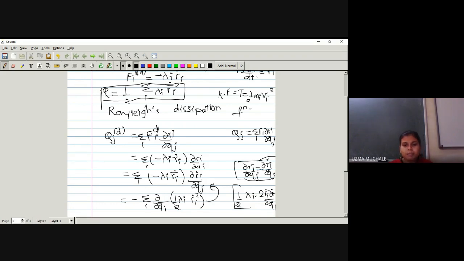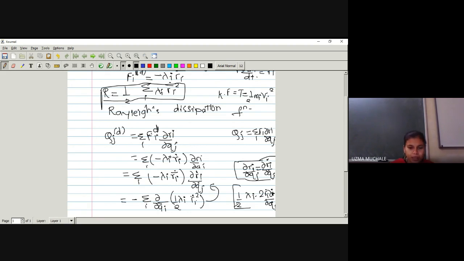We have done simply an adjustment. Why have we done this adjustment? Because we know the Rayleigh's dissipation function is 1 by 2 lambda i Ri dot square. We have adjusted it in such a way that this 2 gets cancelled, Ri dot stays as it is, and we again differentiate Ri dot with respect to Qj dot.